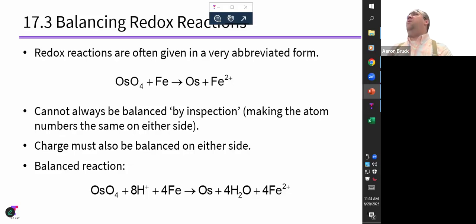And you wouldn't have thought to put them there in the first place. So because of this, redox reactions can rarely be balanced by inspection.